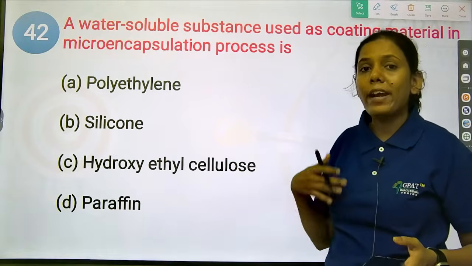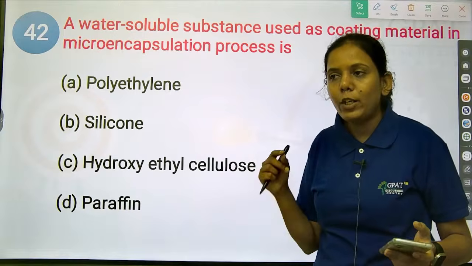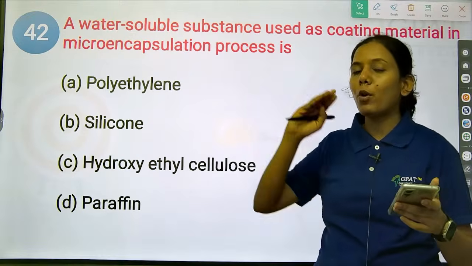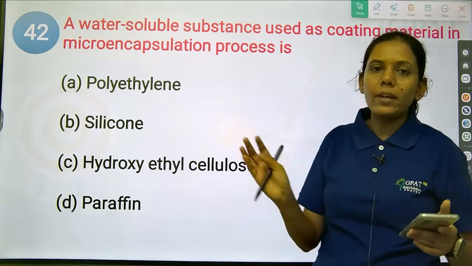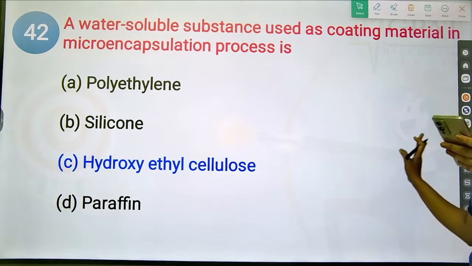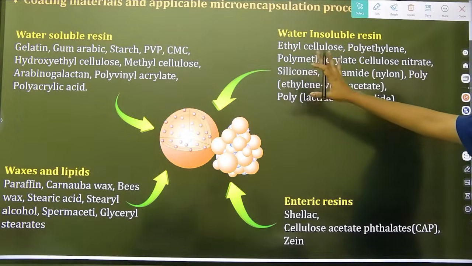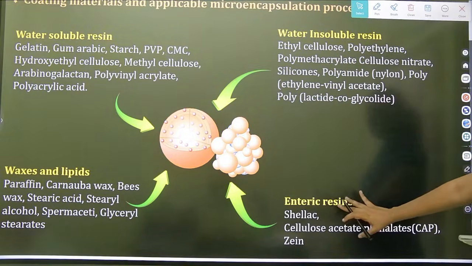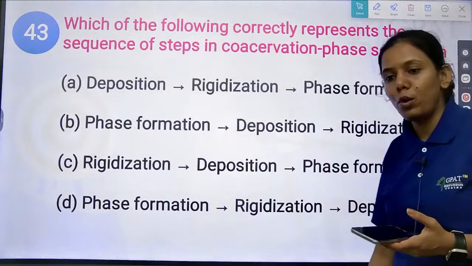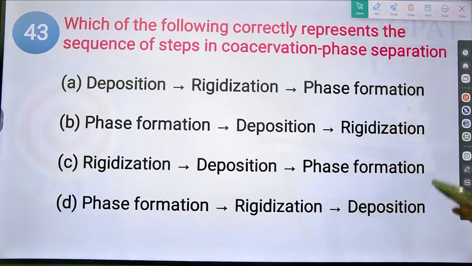Hydroxyethyl cellulose or hydroxypropyl cellulose, because these are polymers, they have the ability to retard the release, or they have the ability to give a protective coating to that particular material. So we are using hydroxyethyl cellulose. Very good. C is the right answer. Very good all of you. See, water soluble resins are there, water insoluble is also there, enteric and waxes are also there. But if they ask you water soluble, then they are the cellulose derivatives. Very good, C is the right answer.